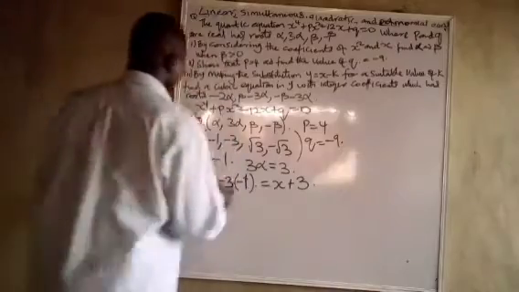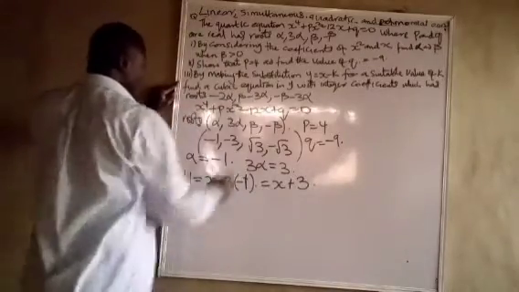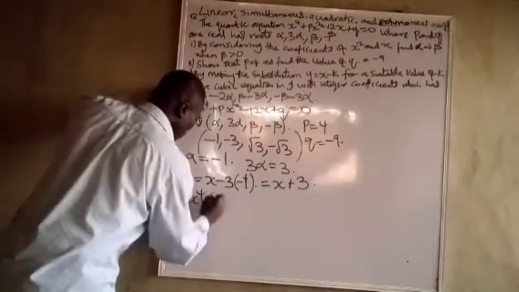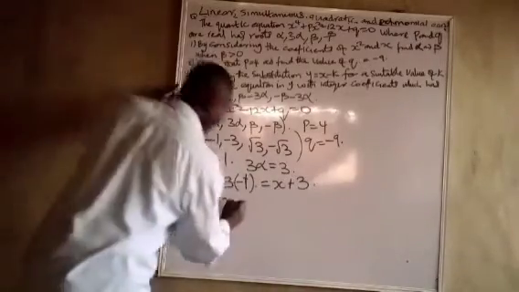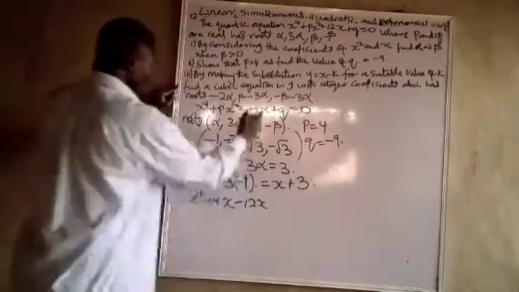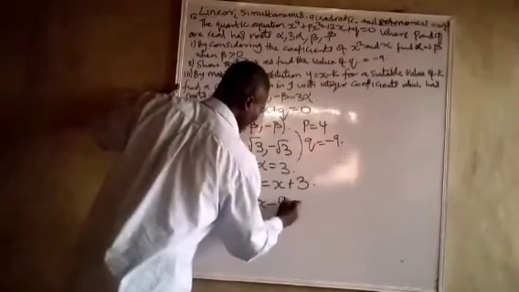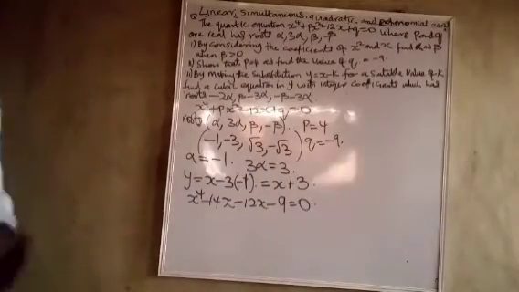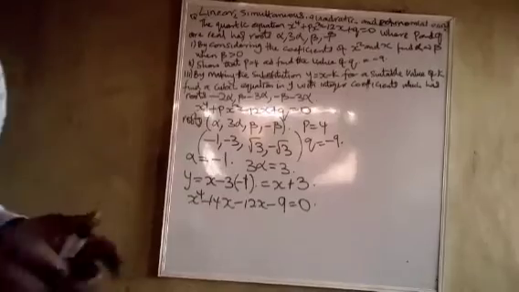So let's do that. First, let us write out the equation as it should be. We are going to have x raised to the power 4 plus 4x cubed minus 12x minus 9 equals 0. So now let us substitute.